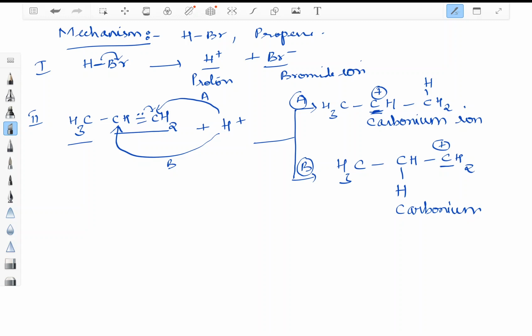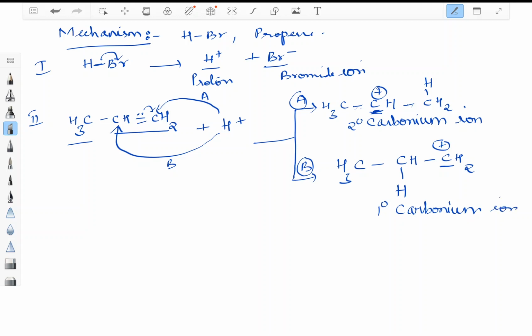And because this carbon is secondary, because it has two attachments here, it is called secondary carbonium ion. And this carbon is primary because it has only one carbon attached to it, so it is called primary carbonium ion.